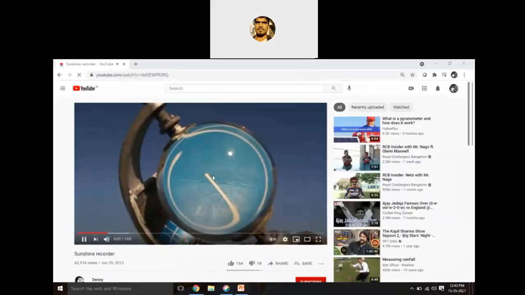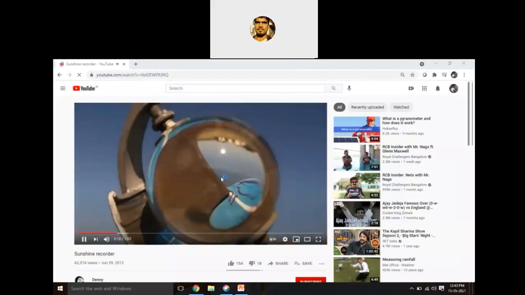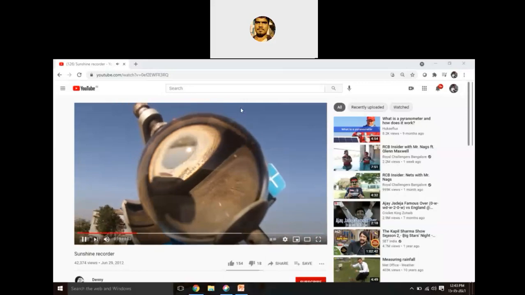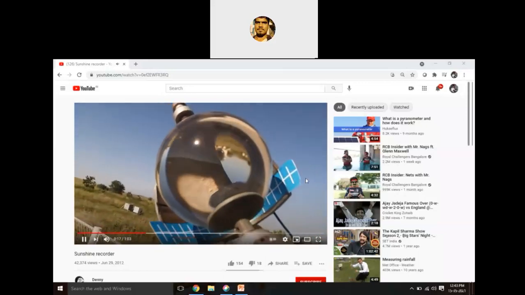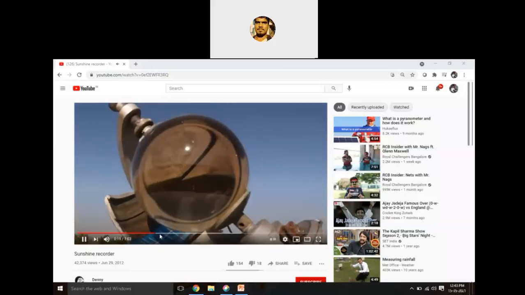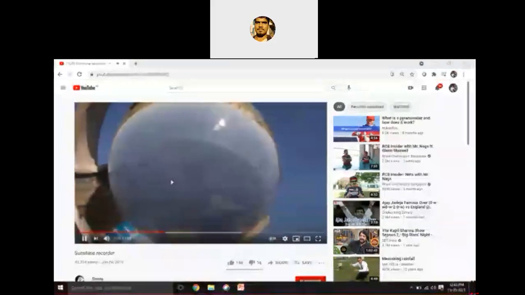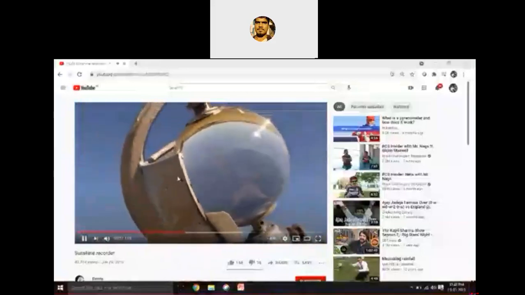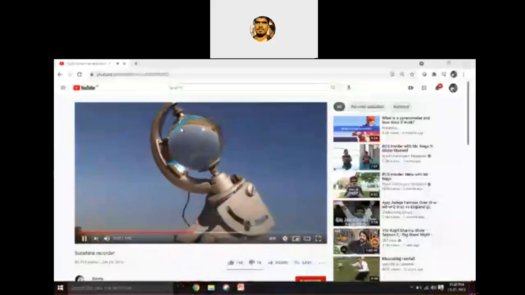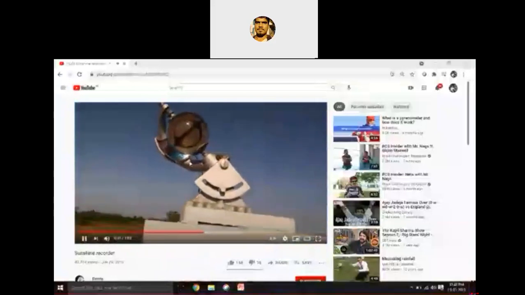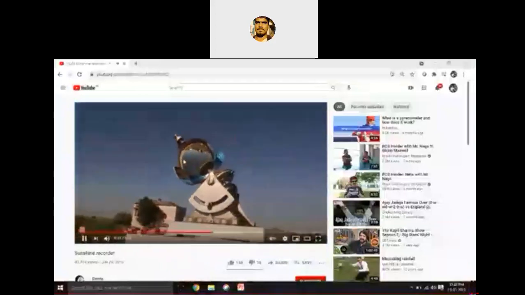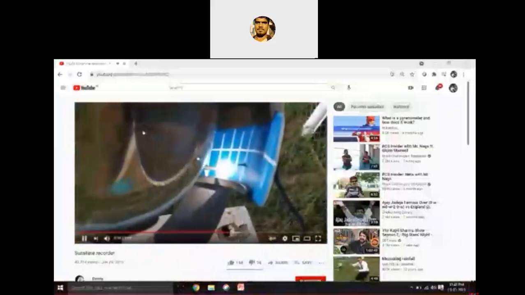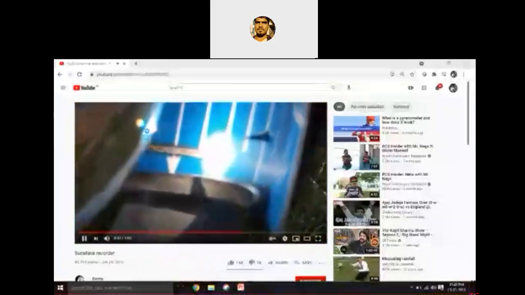This is a typical sunshine recorder device. You can see it's completely transparent and exposed to the sun. The sun rays enter through it, and these are the grooves along with the strip. It focuses all the sun rays onto the strips, and there is a tracking mechanism that tracks the sun as it moves along the sky.